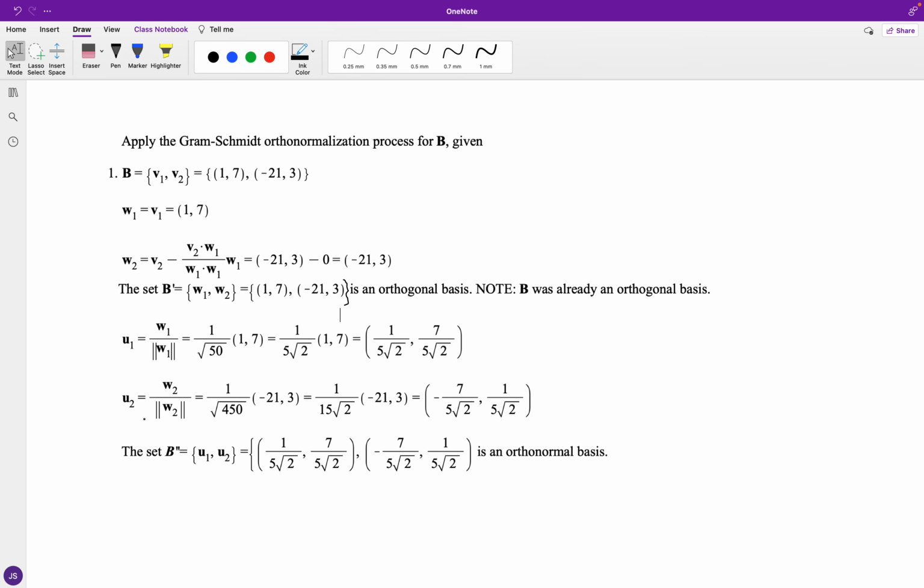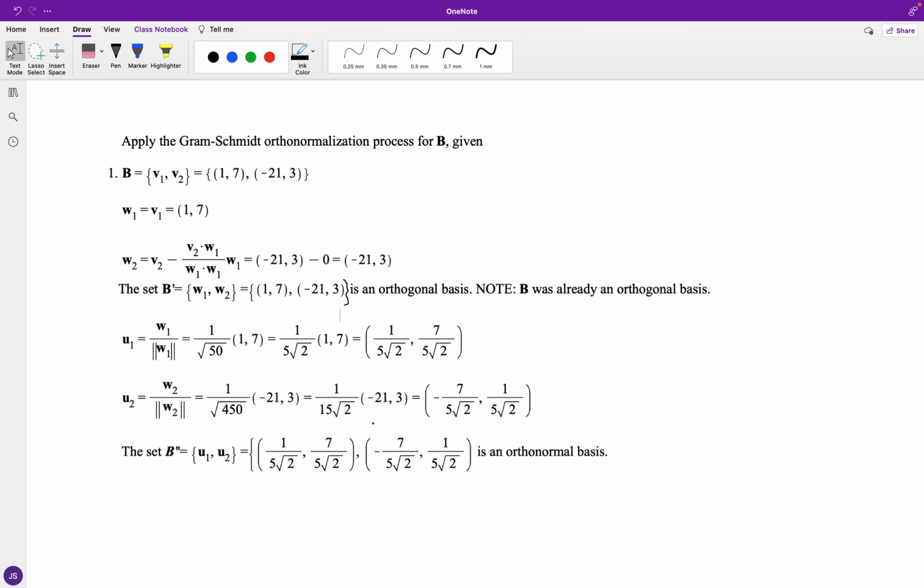And for U sub 2, we got the norm of W sub 2. So you got the square of negative 21, which is 441, plus the square of 3, which is 9. 441 plus 9 comes out to 450. And in reduced radical terms, we have 15 times the square root of 2. So the reciprocal of that times what we have for W sub 2.